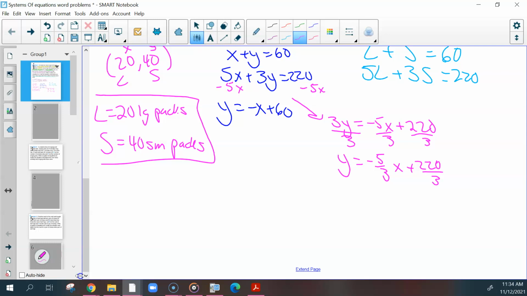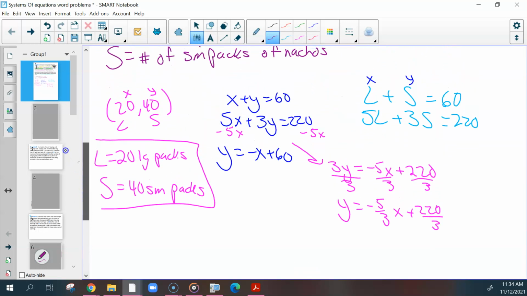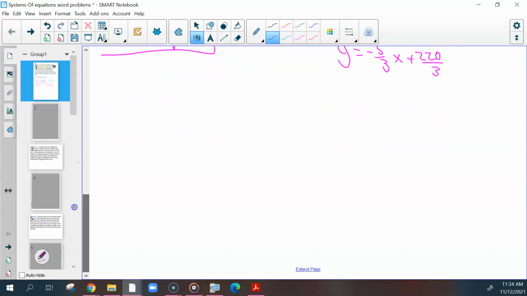On a different line, somewhere where you have space, write the equations again. The L plus S equals 15. And 5L plus 3S equals 220.